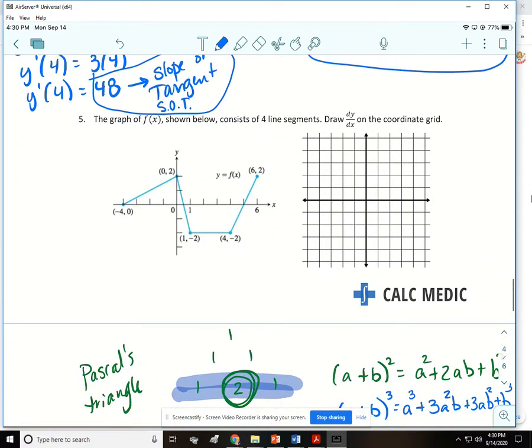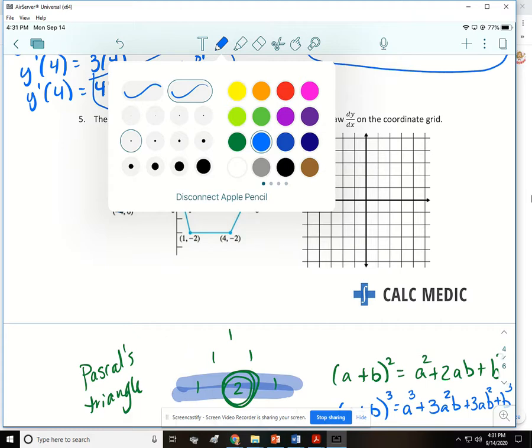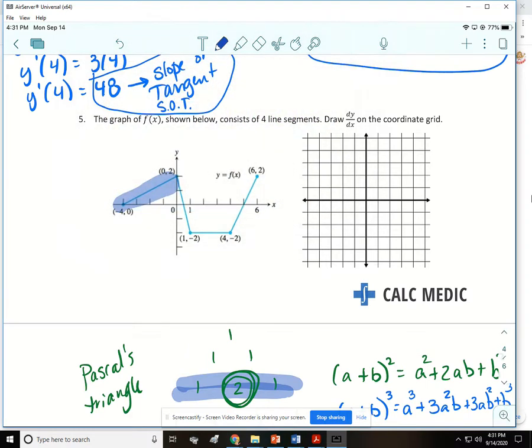All right, and then this last one, we have a graph of f, and we want to draw the graph of dy over dx. And that just means to graph the slopes. All right, so if we look at this section right here, think about what the slope is of that line. So when I look at it, it goes up 2, right 4.